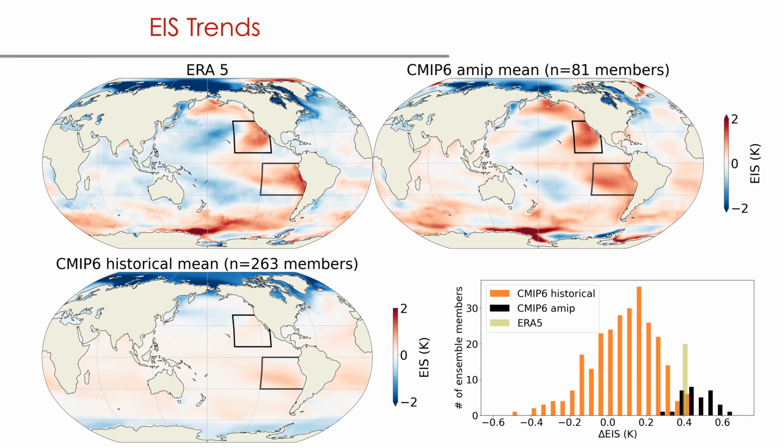This time there's a couple of coupled simulations that can reproduce the trends in EIS, but by and large, there's still this big bias where overall very few coupled simulations can really reproduce these trends in EIS.